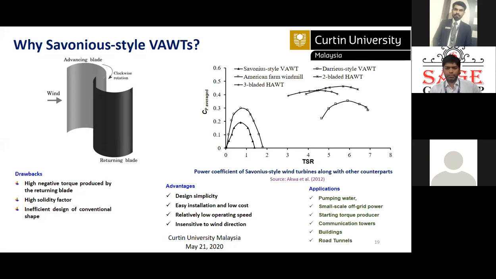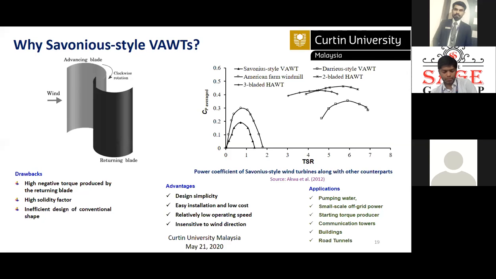You should have a wind turbine design which can efficiently convert kinetic energy to mechanical energy or electrical energy, and at the same time can start at very low speed. So the idea behind the study of the Savonius style wind turbine was the starting capability at low wind speed.